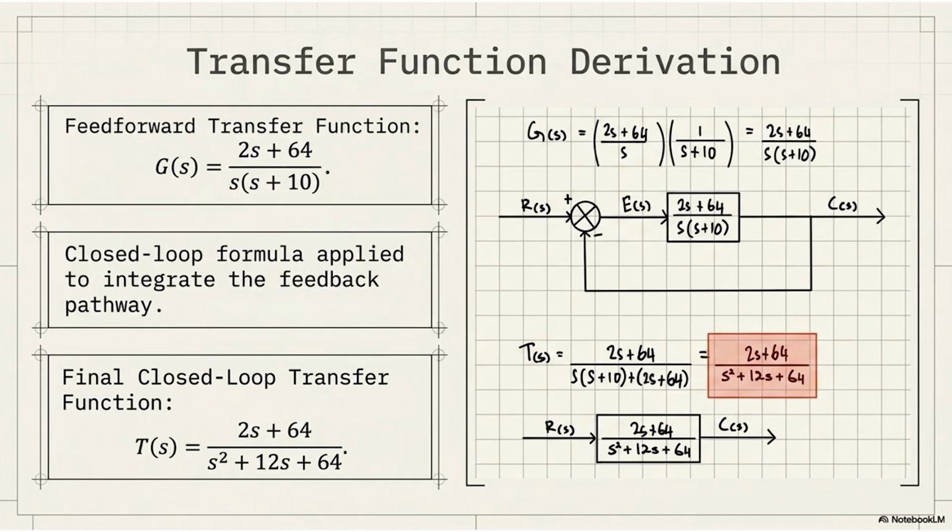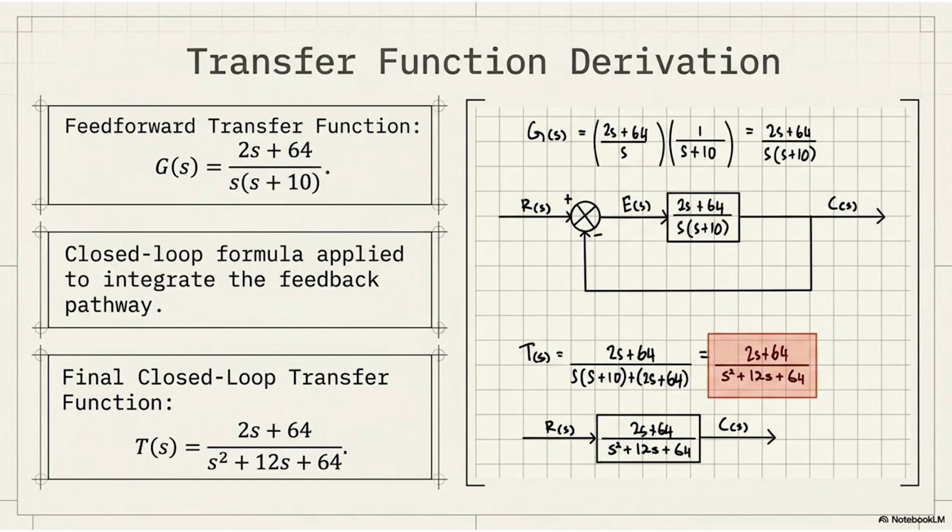First, we formulate the feed-forward transfer function, G(s), by multiplying the PI controller and the vehicle dynamics block together. This gives us G(s) equal to (2s + 64) divided by s times (s + 10).